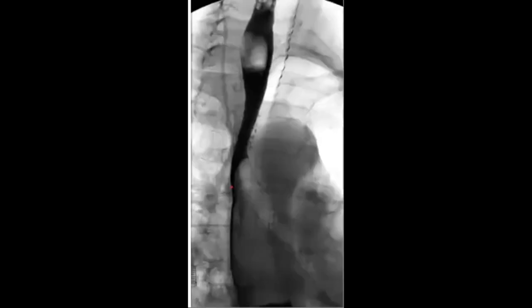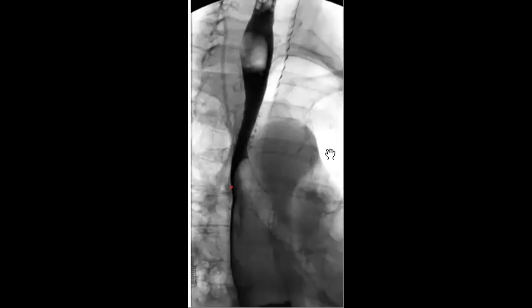Okay, sure the patient will come to you with dysphagia as the presentation. Usually it's in the upper third of the esophagus. They like you to mention that it has right angles along the esophageal lumen, and it has a narrow neck. The neck is narrow and has right angles to the esophageal lumen.